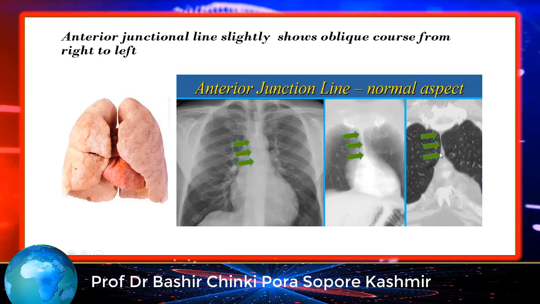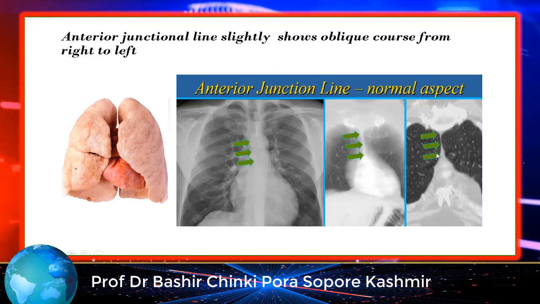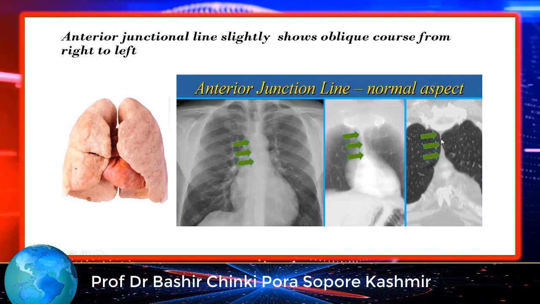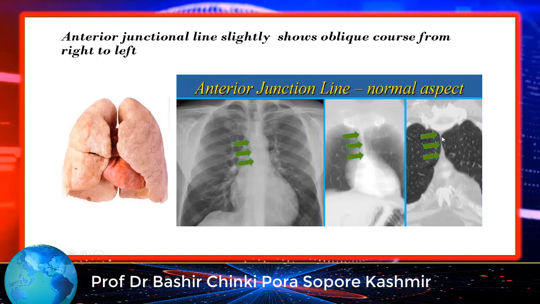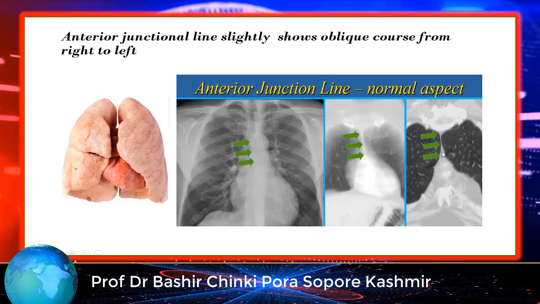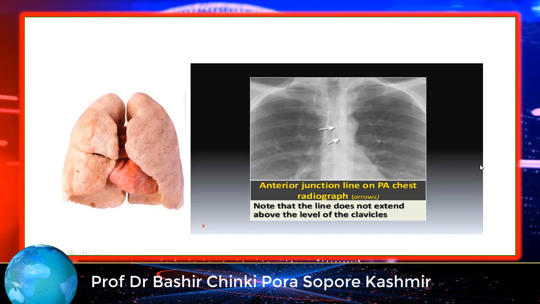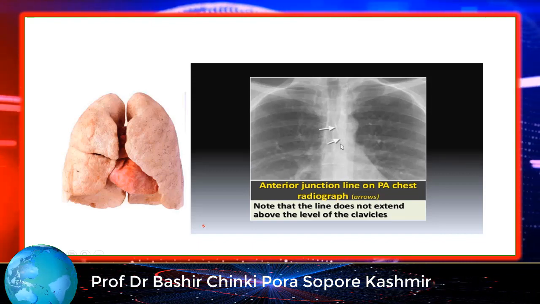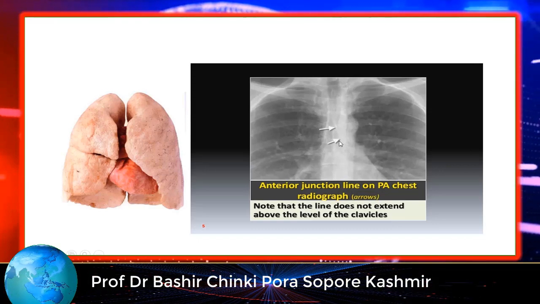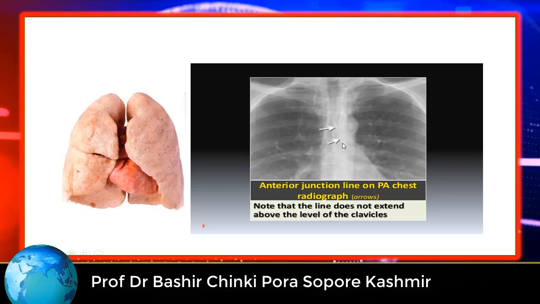And if you see the CT scan, these are the two lungs. When the two lungs come closer to each other anteriorly, they form the anterior junctional line, which is filled up with mediastinal fat. I think that is clear. Here you see the anterior junctional line, as I said, it is not absolutely vertical, it is slightly oblique.